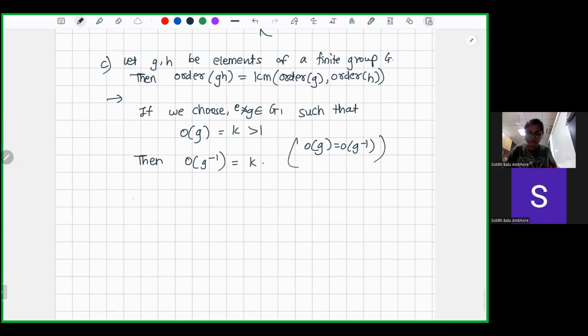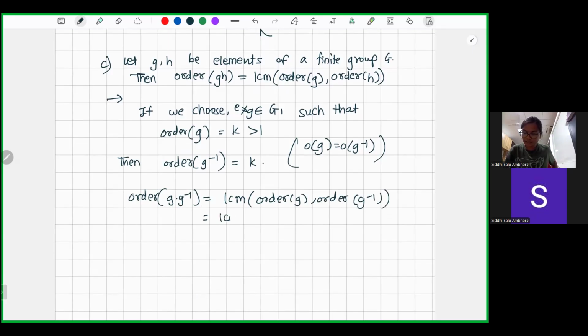So by this, let me write order here. Then order of G into G inverse will be order of G into order of G inverse, which is LCM of K comma K, and LCM of K and K will be K. But what is this?